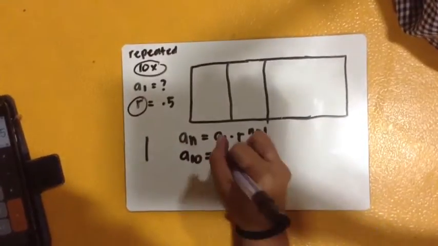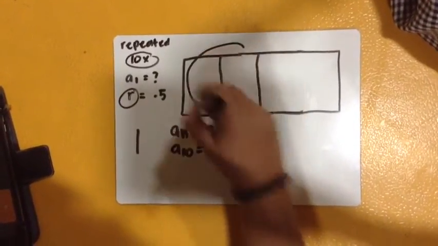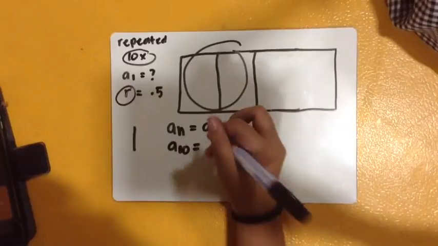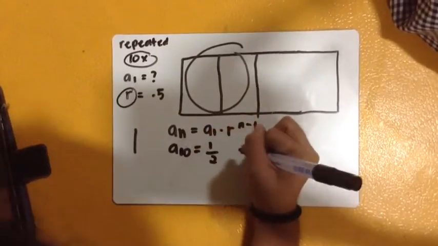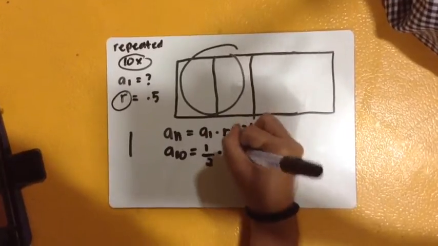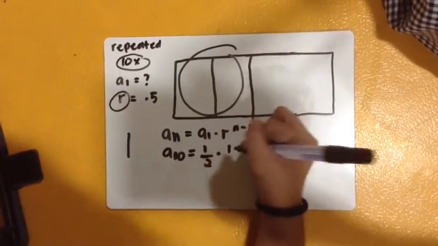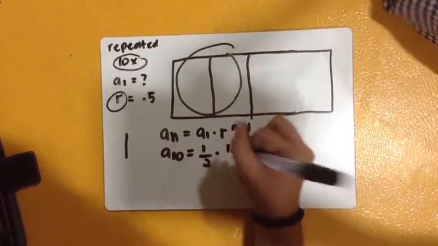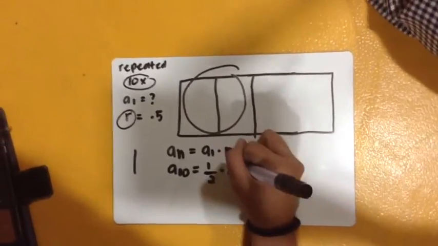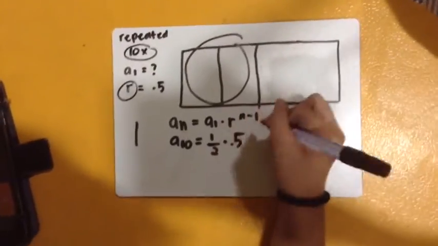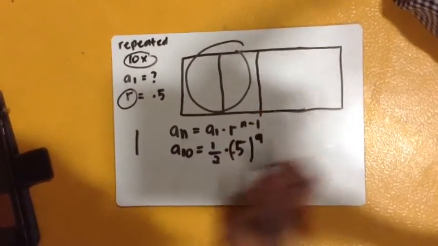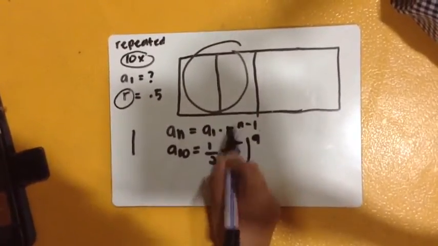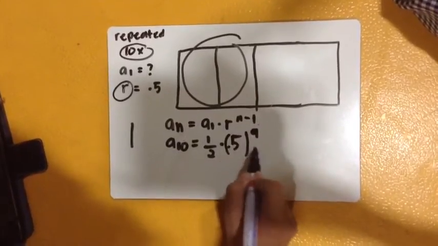Since we're going to start this one as our first term, it's going to be 1 times 1 half, or 0.5, raised to n minus 1. N minus 1 is 9 because n is 10, minus 1 is 9.